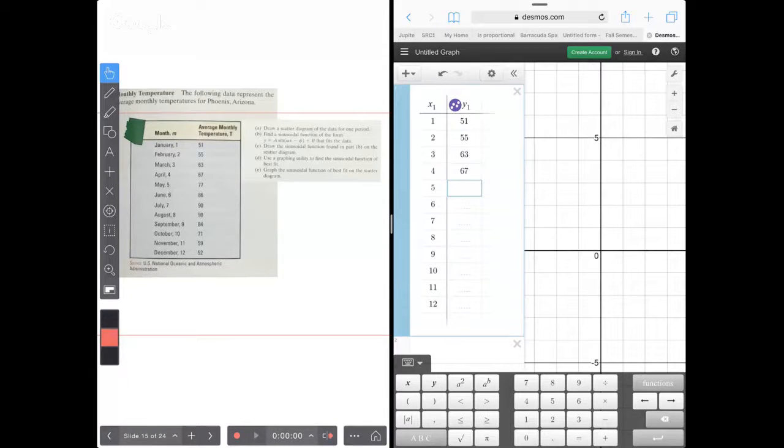Okay, we're back. All I've done so far is added this data right here to this table.